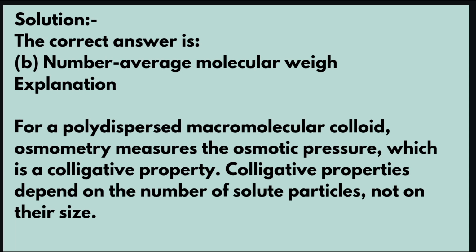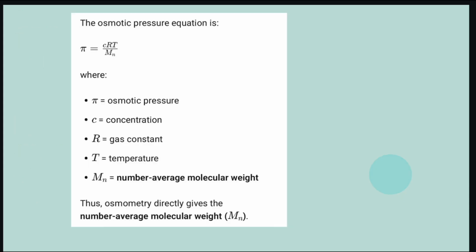For this question, the correct answer is number average molecular weight. Now we'll see the explanation. For a polydispersed macromolecular colloid, osmometry measures the osmotic pressure, which is a colligative property. Colligative properties depend on the number of solute particles, not on their size.